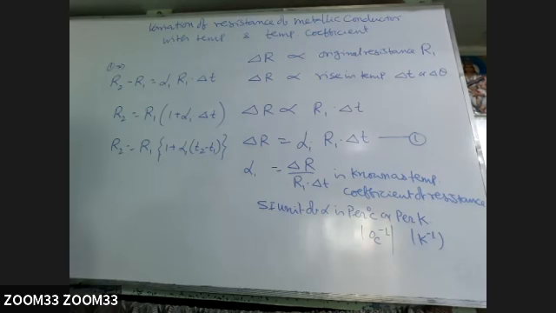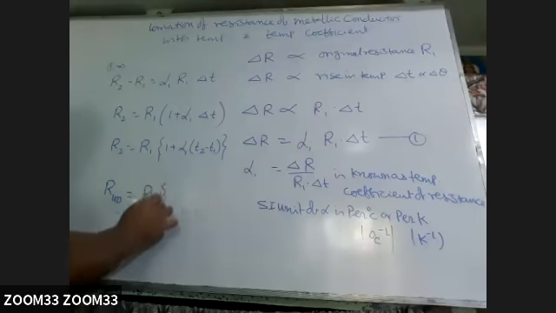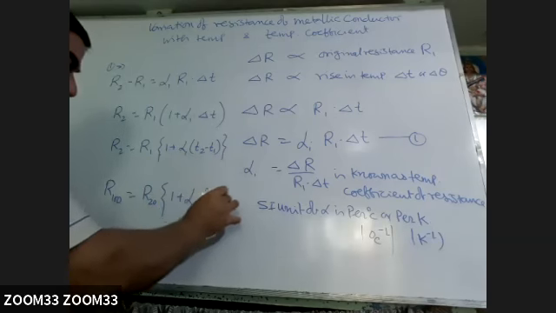So this is if the reference is 0 degrees Celsius. Suppose we are interested in finding R100 and R20 is given, and we write R20 here. Then the value of alpha should be given at 20 degree, and here it becomes 100 minus 20.